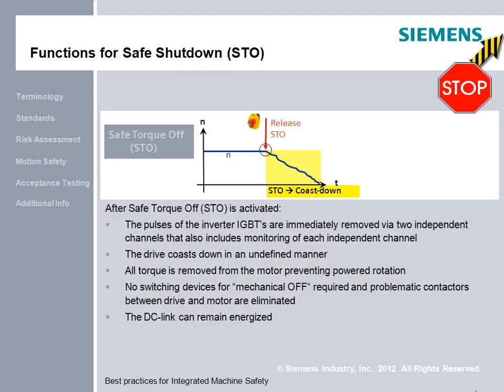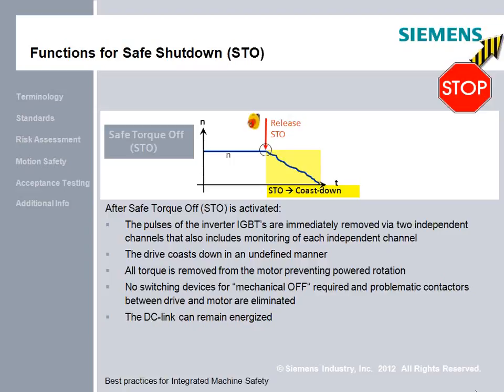The key point here is we are functionally safe, we are not necessarily electrically safe. Remember that the motor is physically connected to the drive system, and the drive system is still energized, even though the fail-safe system does not allow the motor to commutate.